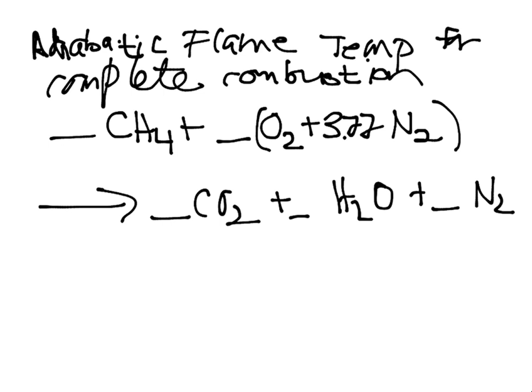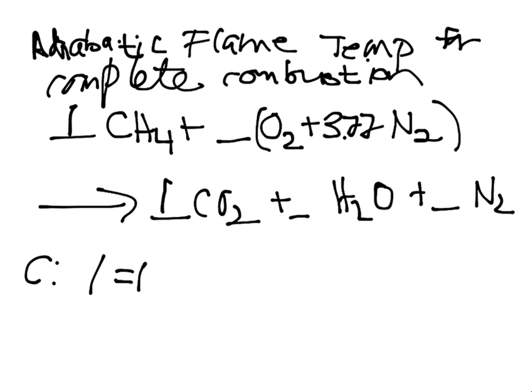So the first thing we're going to want to do is balance our equation using stoichiometry. So if we look at carbon first, on the reactant side, we have 1, and on the product side, we have 1. So we're going to put a 1 in front of CH4, a 1 in front of CO2.